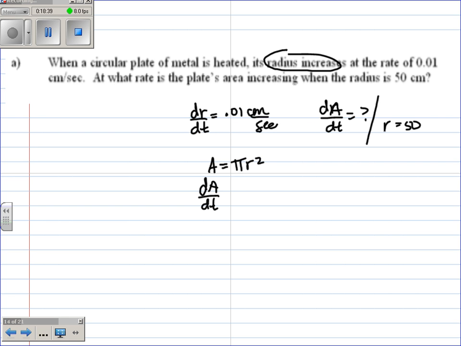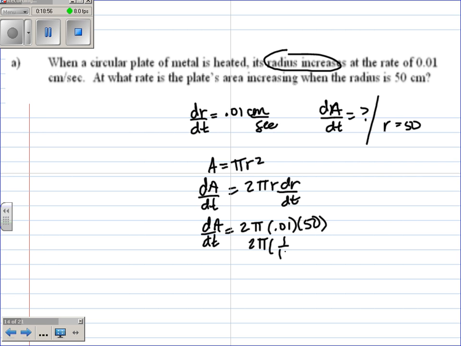Take the derivative, 2 pi r dr dt. Plug in what you know. We know dr dt is 0.01. So we would have 2 pi times 1/100 times 50. So this simplifies to 1/2. So you have pi centimeters squared per second.